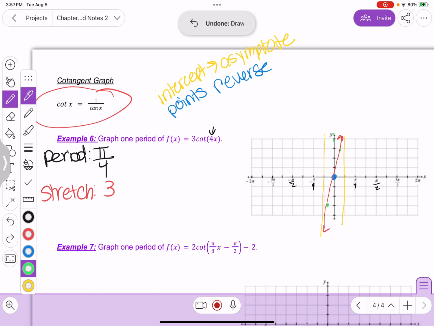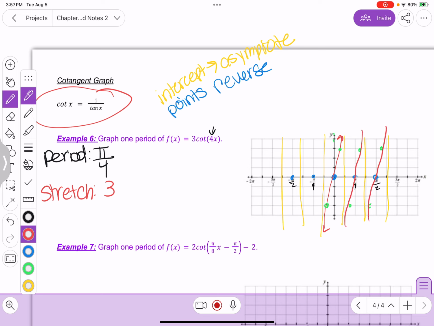So I'm actually going to draw a few of these. So all of these would be points, points, points. And then the red lines are our tangents.